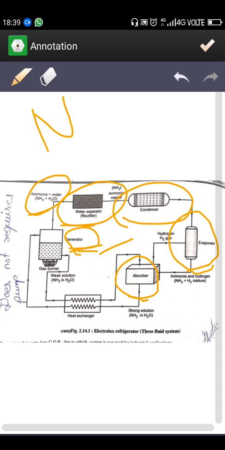Here the generator produces ammonia plus water, high ammonia plus water. We will take this theoretical first, then I will explain this from this diagram here.